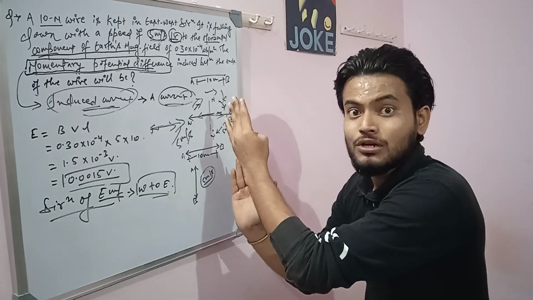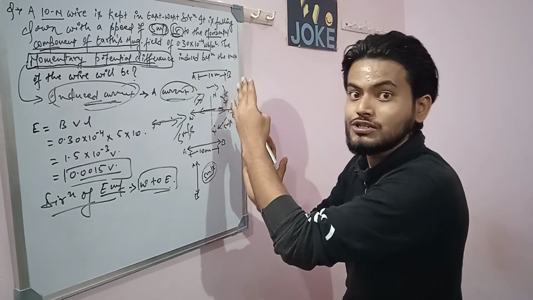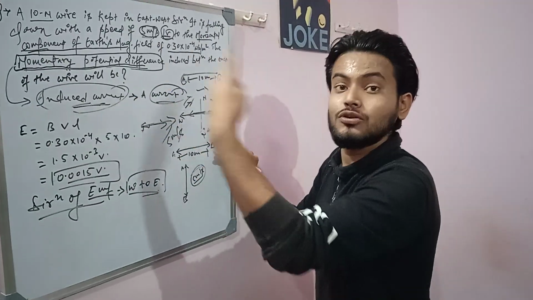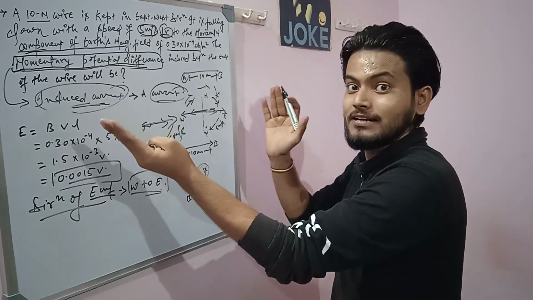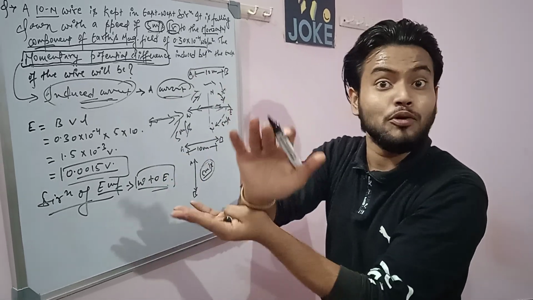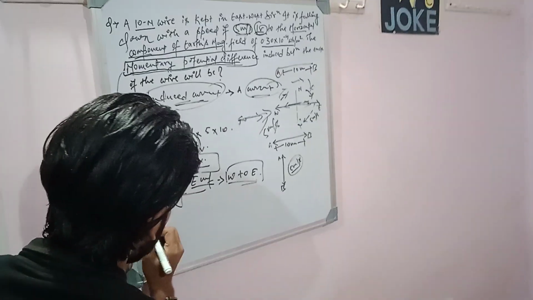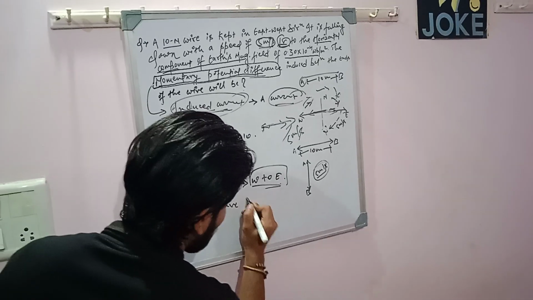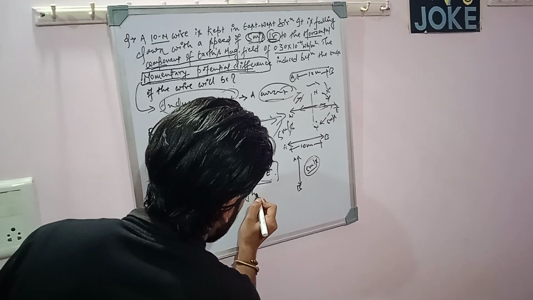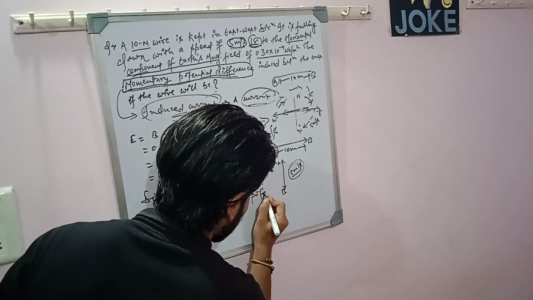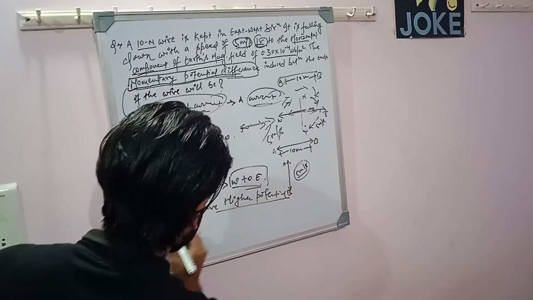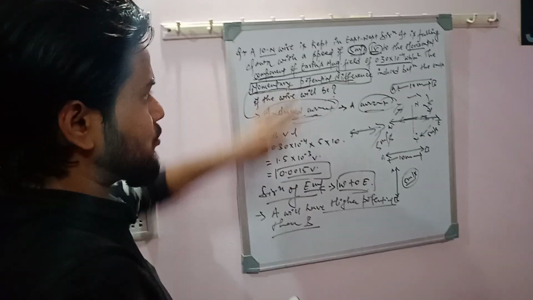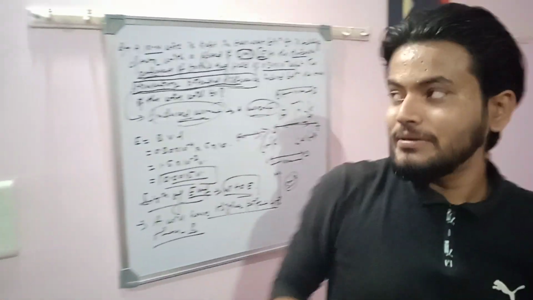Whenever it comes down from the horizontal part, always remember that position A, which is on the left side, coming from left to right side, will always have the higher potential. Mean to say that A will have higher potential than B.